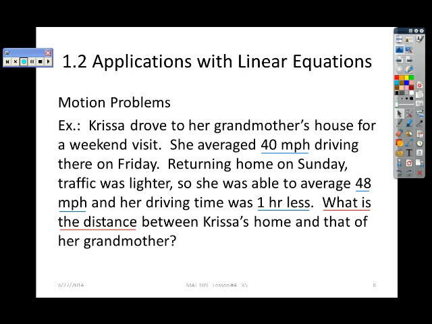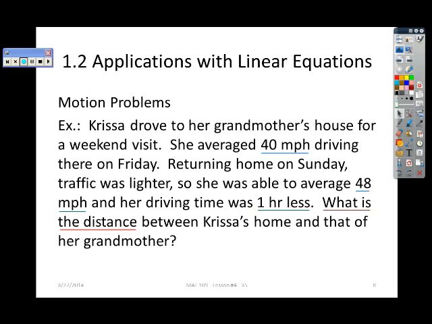That first sentence really doesn't provide any help at all, does it? It's scenario, setup. And returning home on Sunday, traffic was lighter. Okay, who cares why? It's just she had a different speed, right? So again, that's not helpful. So that's why you go through and highlight the pieces that are helpful. So all that other stuff just fills up space, but it doesn't help you work the problem.